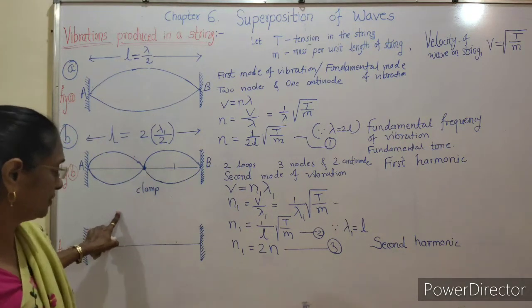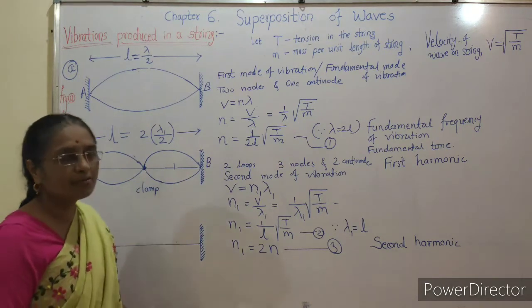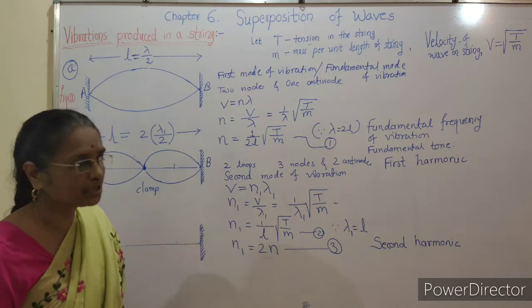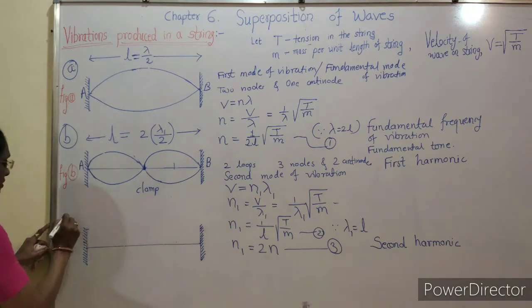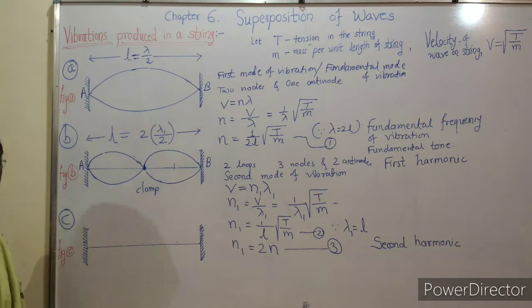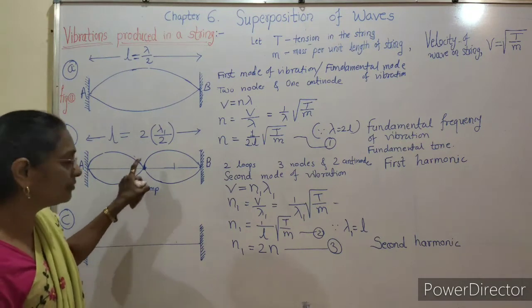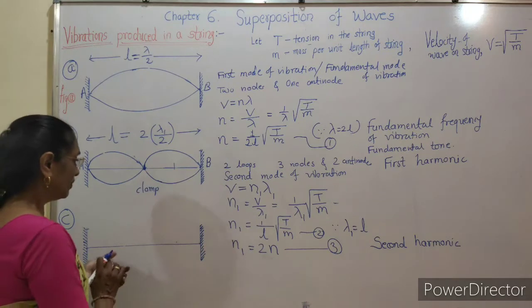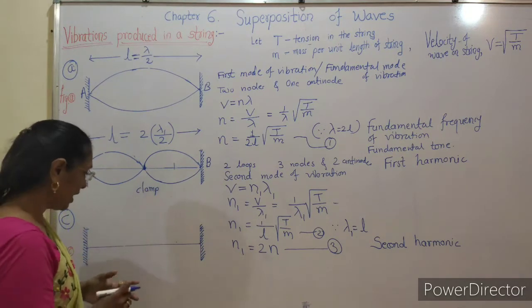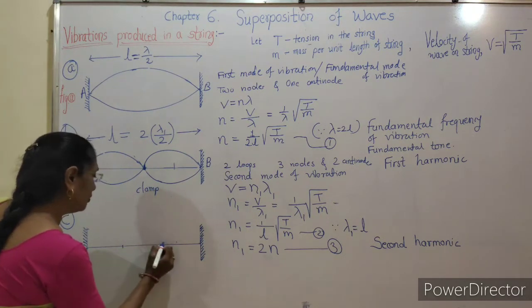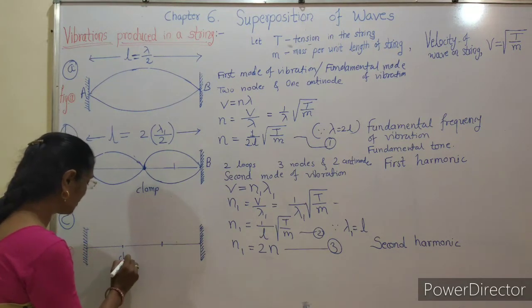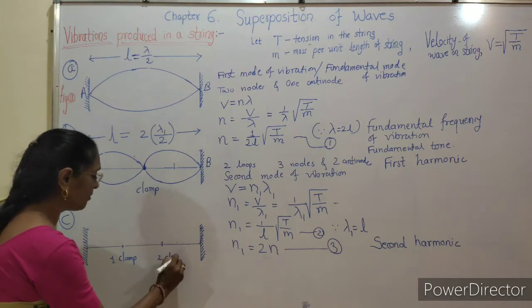Now there is again another number of modes of vibration. We take one more mode of vibration, that is in the point C. The same arrangement of clamp we have to use here, but instead of a single clamp we use two clamps. This is the first clamp, this one is the second clamp.